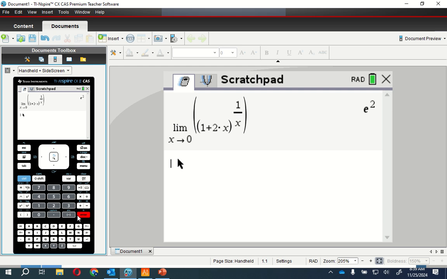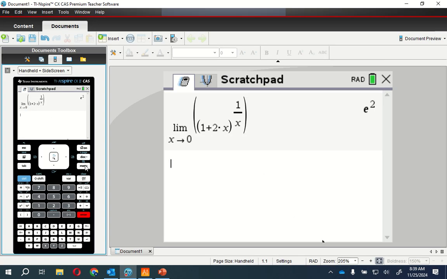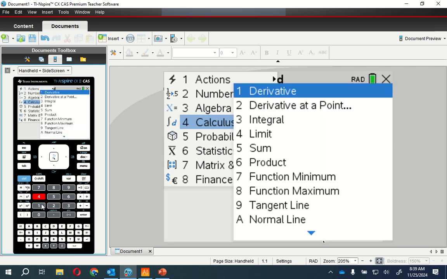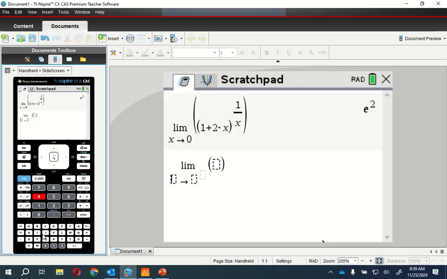All right, what's the other one say? So I'm going to go to menu, calculus, limit, as x approaches infinity.